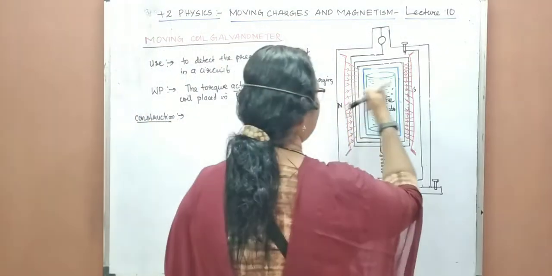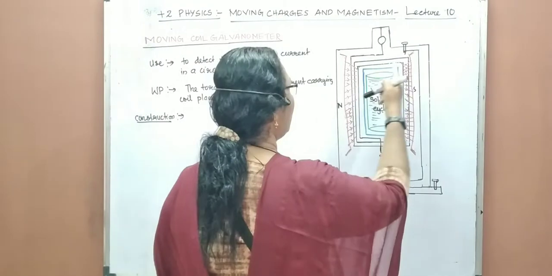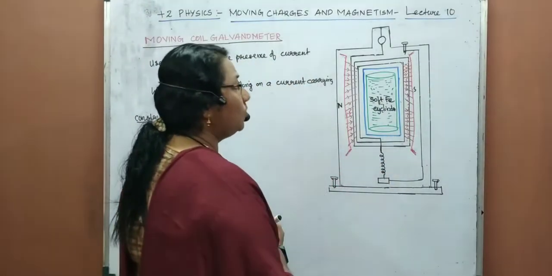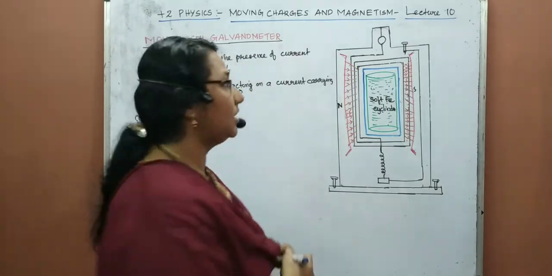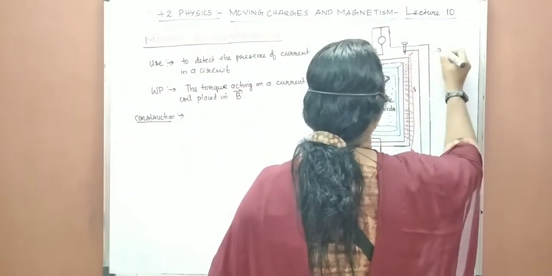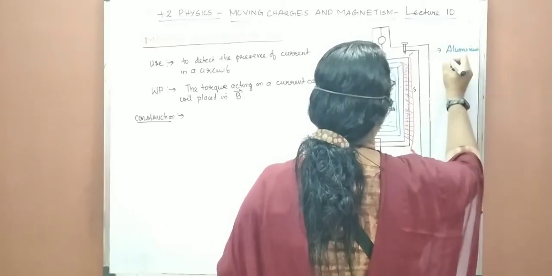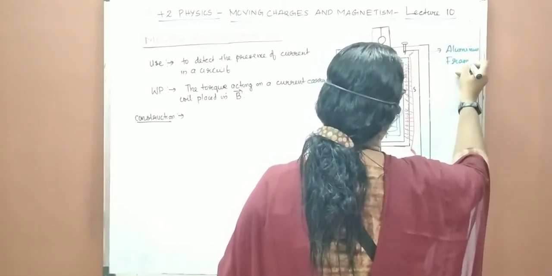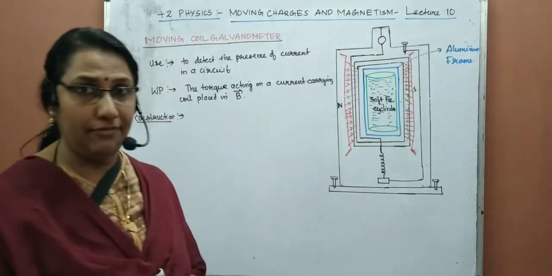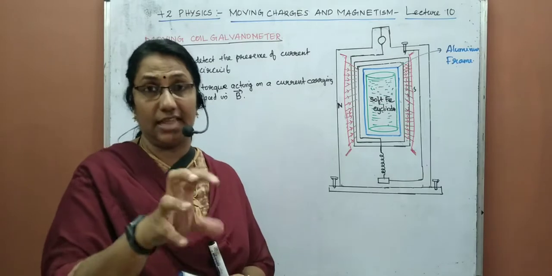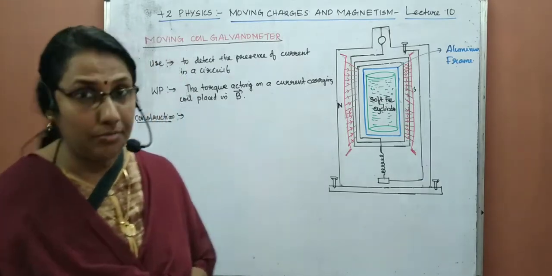Surrounding this soft iron cylinder, we have seen a blue box. What is this blue box? This is a rectangular aluminum frame. The commonly taken frame is of aluminum, and the soft iron cylinder is enclosed inside the aluminum frame.